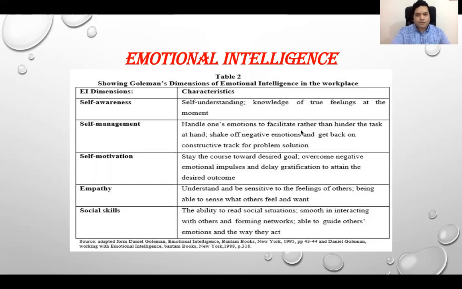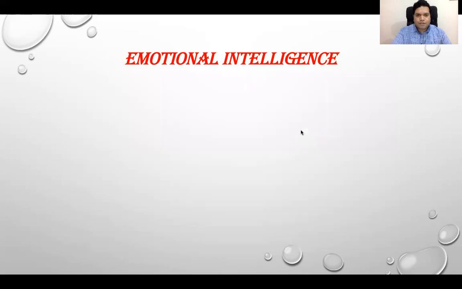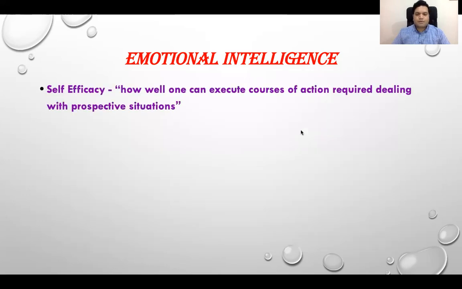So these five dimensions can be applied for you to increase your emotional intelligence and help others. Another important component or part of emotional intelligence is self-efficacy. Let me go into the definition.